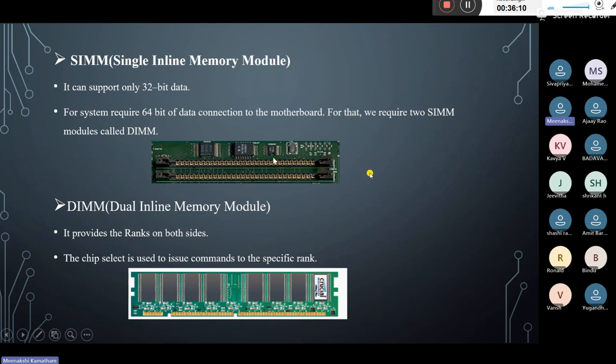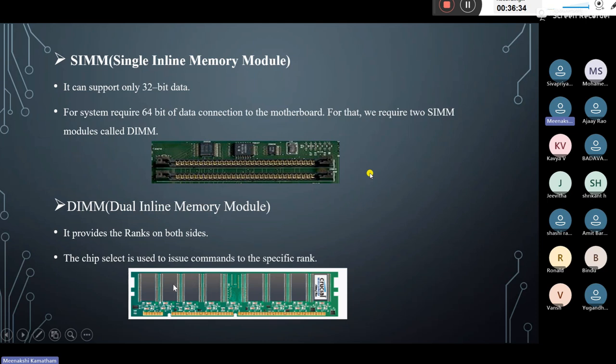For example, if we need to transfer 128 bits of data, we need to put in two SIMs. So instead of using these two SIMs, DIMMs came into the picture. Then for a 128-bit data connection, one DIMM is enough.